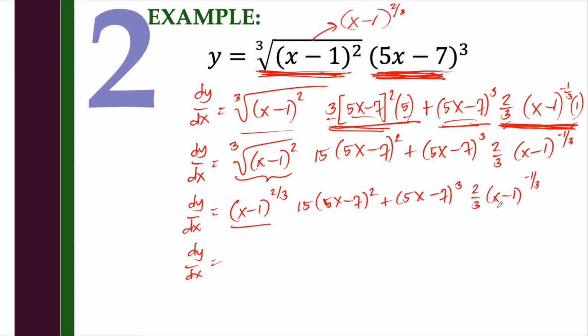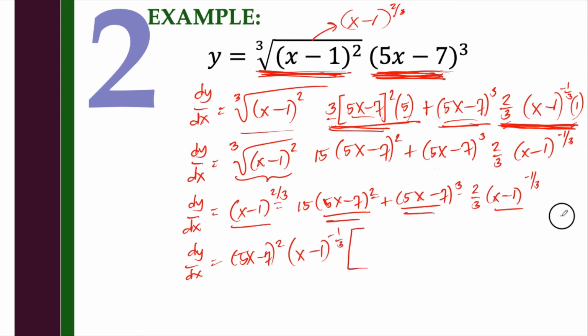So notice that (x - 1) is common, (5x - 7) is also common, so we may factor that out. We have (5x - 7), getting the least exponent of 2 and 3, so we have 2. And then (x - 1), the least exponent is negative 1/3. Factoring that out, what's left on each term is (x - 1) raised to 2/3 minus negative 1/3, which is 1.